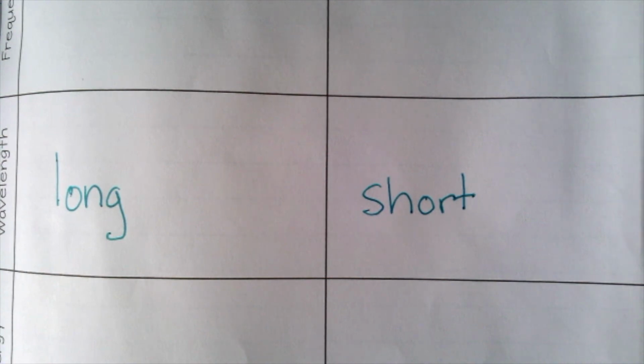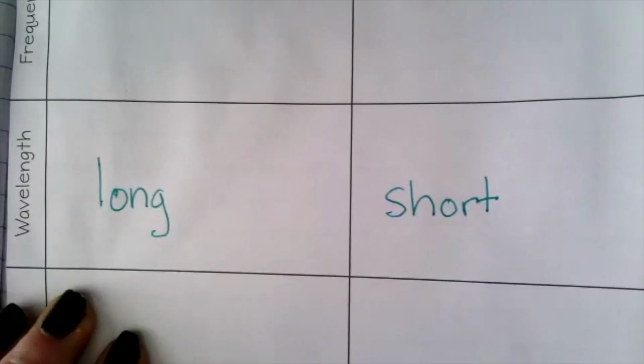Now, because we know wavelength and frequency have a relationship, because we know that the wave equation defines a relationship between these 2 properties, which one of these is going to have the most energy?